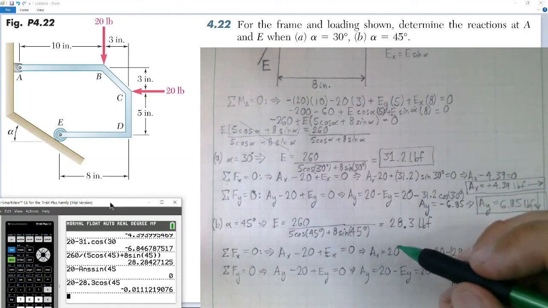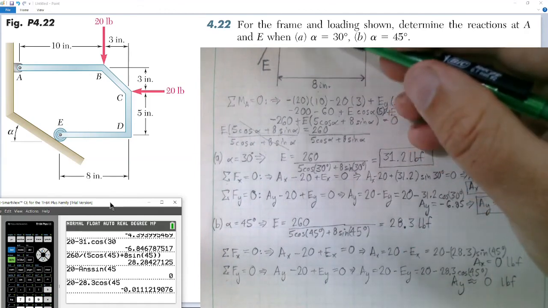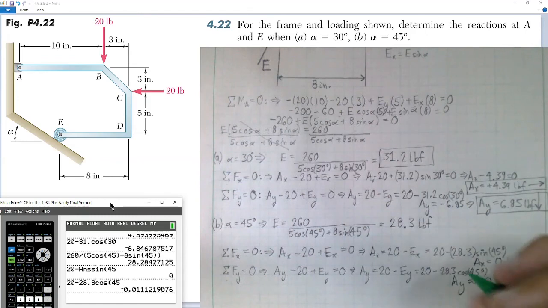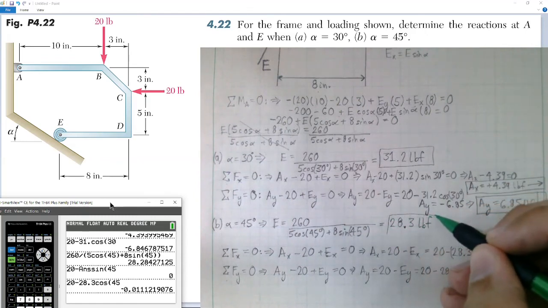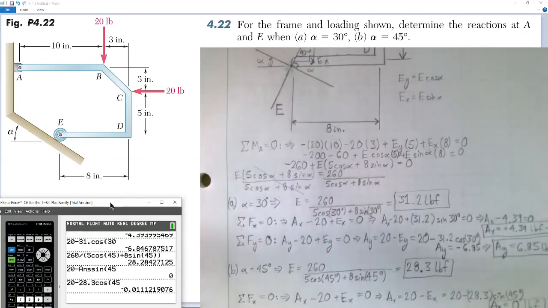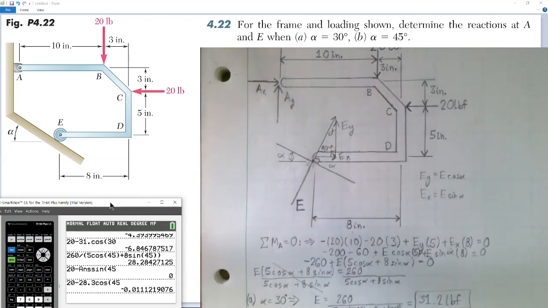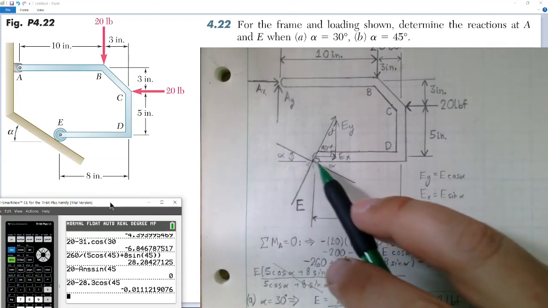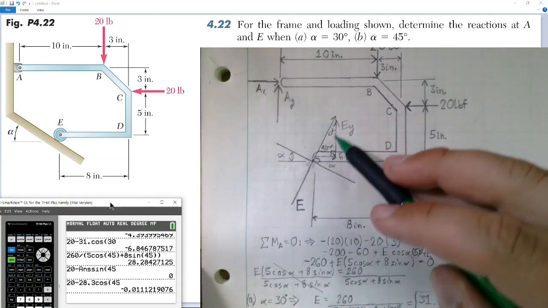The entire reaction force is due to E when alpha equals 45 degrees. So we have a force at E, and we have no force reaction at A for either component, which means A has no reaction at the pin when alpha is 45 degrees, and all the reaction is due to E.